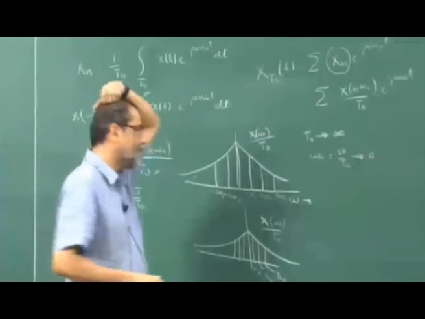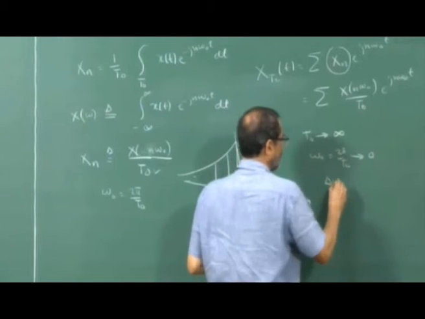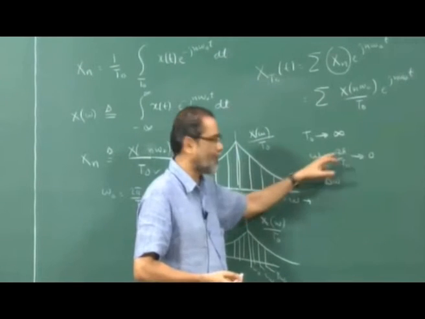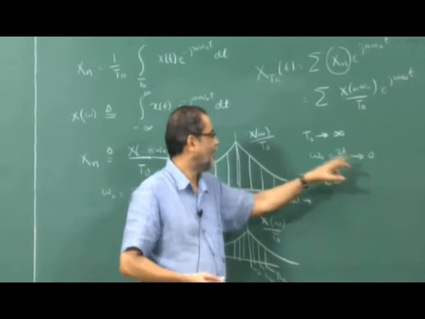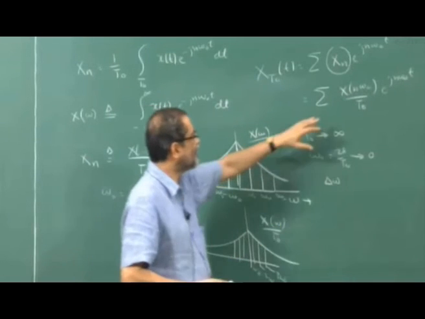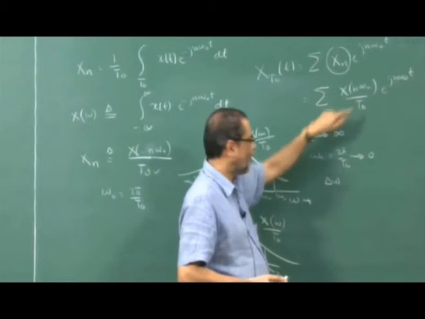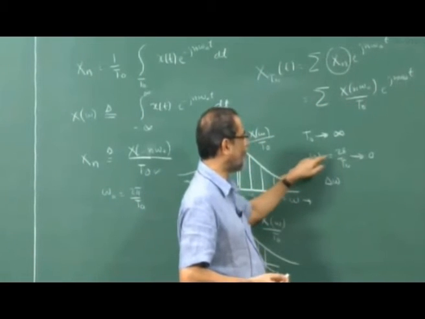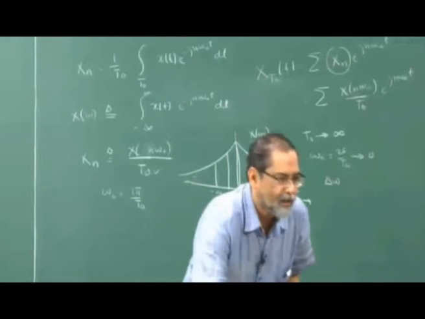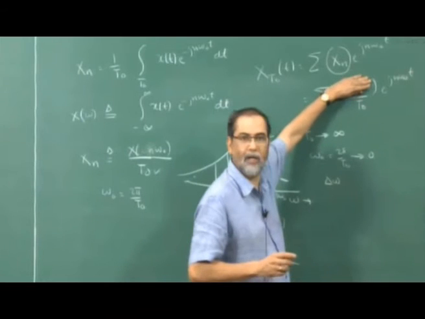So this becomes an elementary function, delta omega. So delta omega is when omega naught approaches 0 when T naught becomes infinity. In this case you can replace 1 by T naught by omega naught by 2 pi. In this equation you keep X of n omega naught as it is.